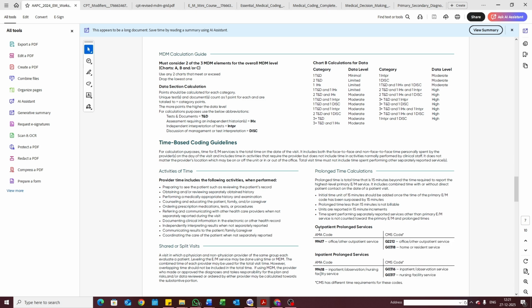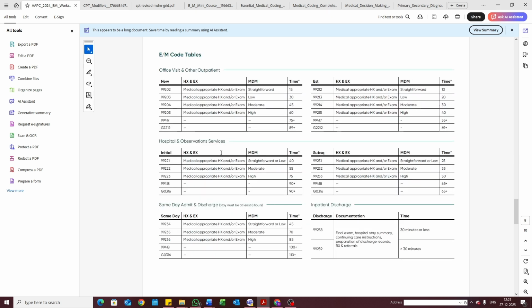Now this is the E/M code tables, office visit and other outpatient. This is for a new patient, code range 99202 to 99205, and 99212 to 99215 is the established patient code range.